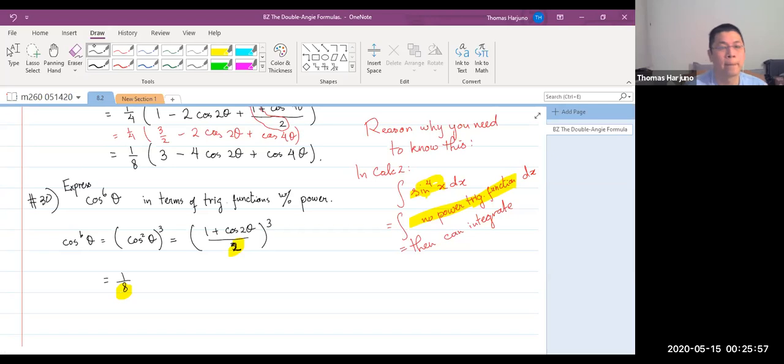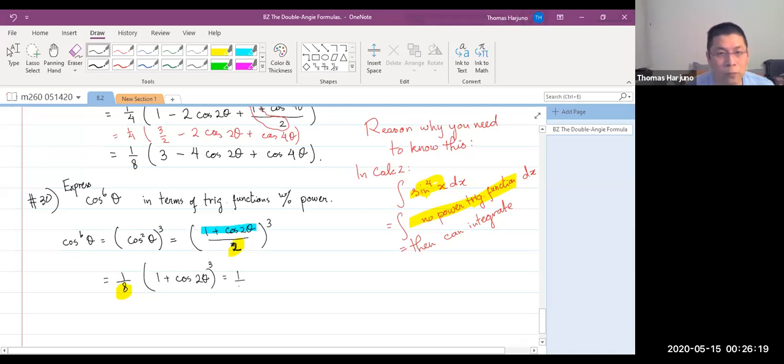Okay. And then the guy inside, I will expand it. I will FOIL it. Okay, so that will be 1 plus cosine 2 theta to the power of 3.